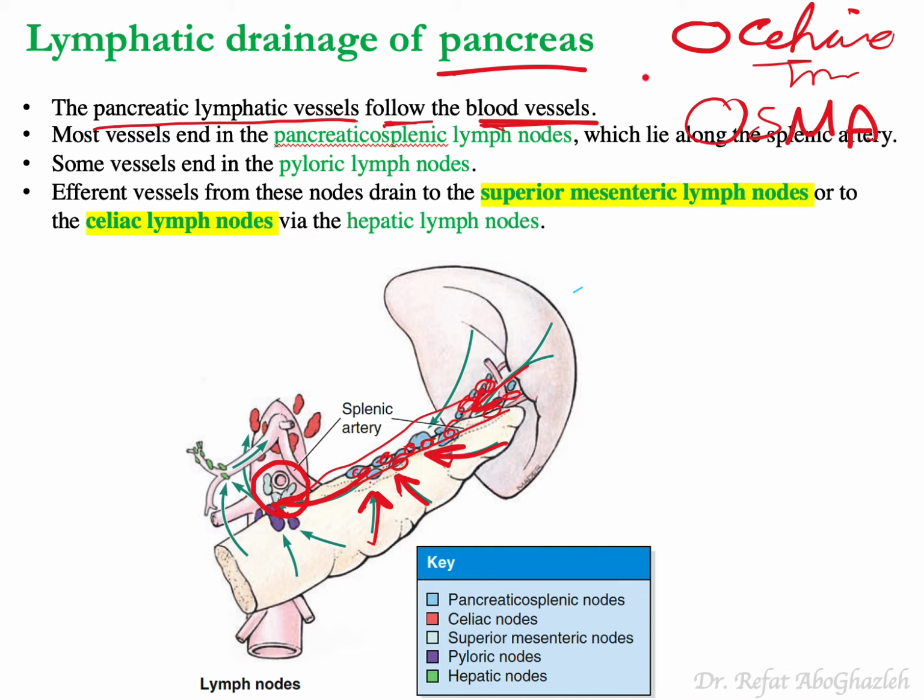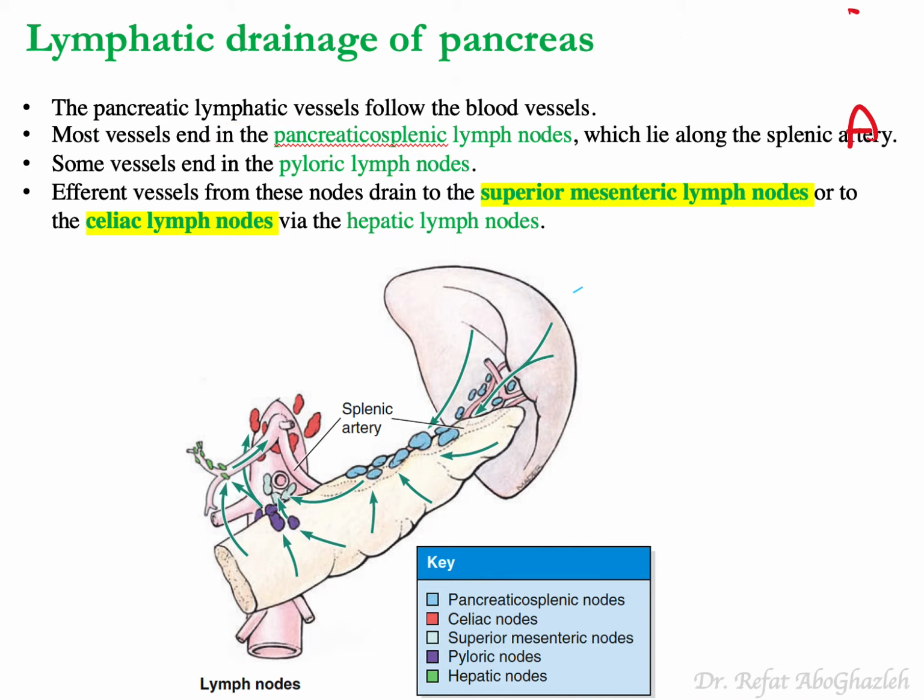So the lymphatics will drain to the celiac lymph nodes and superior mesenteric lymph nodes. A little bit of extra detail: from the spleen and the pancreas, you have the pancreatico-splenic nodes.